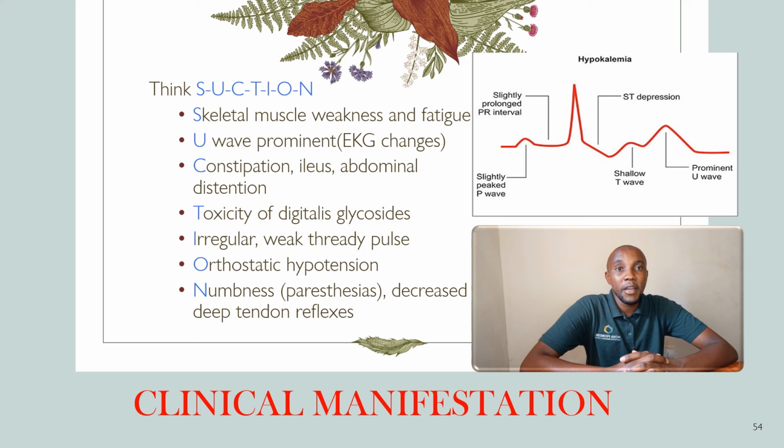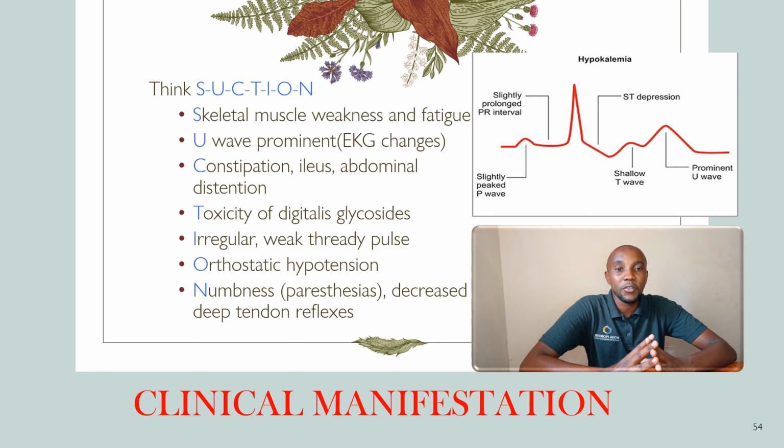Patients with hypokalemia also present with a weak, irregular pulse. O is for orthostatic hypotension. We also find this with hypokalemia. N is for numbness, where we have paresthesia and also decreased deep tendon reflexes. Remember that with hypokalemia, and those are the clinical manifestations.